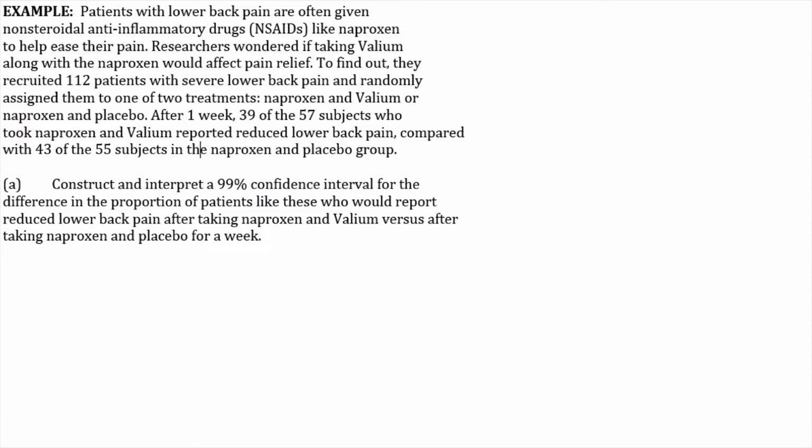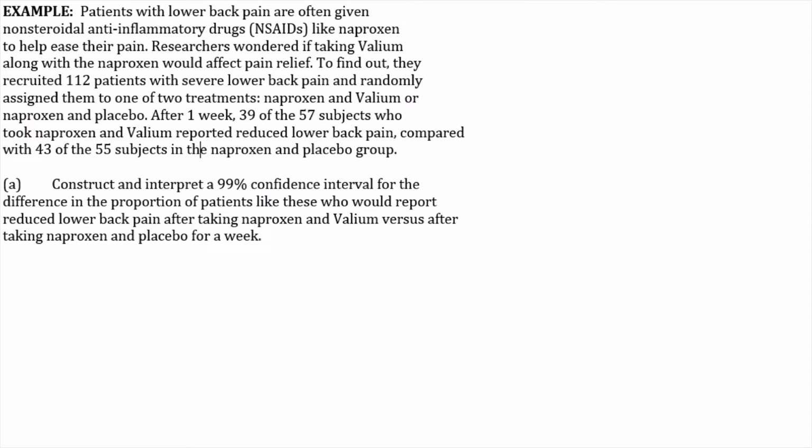But they gave them the placebo because they didn't want them to know which one was the placebo group and which one was the treatment group. Okay? After 1 week, 39 of the 57 subjects who took naproxen and Valium reported reduced lower back pain, compared with 43 of 55 subjects in the naproxen and placebo group.